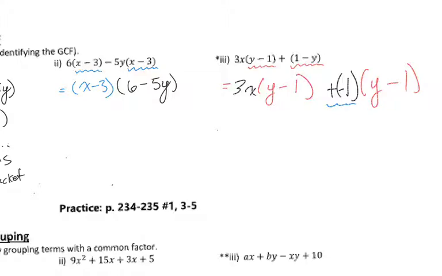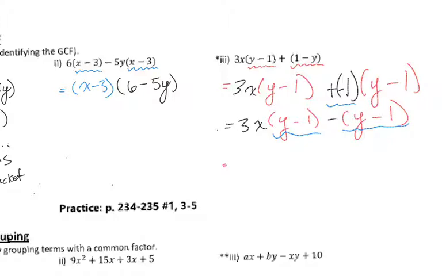So all of this now becomes 3x, y minus 1, minus bracket y minus 1, because plus minus 1 becomes minus 1. So now our common factor is literally going to be this part in red, this part, and this part. And that GCF is what we're going to pull out.